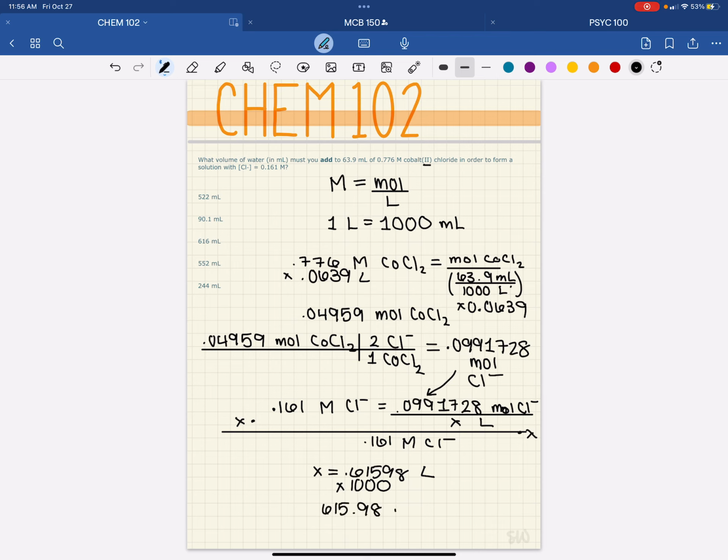615.98 milliliters. However, I am not done yet. It asks how much must you add to 63.9 milliliters.